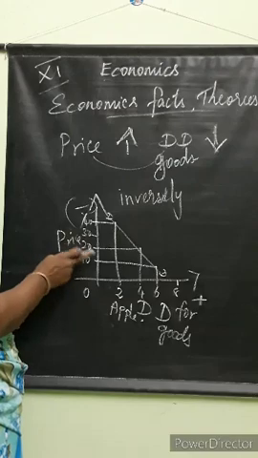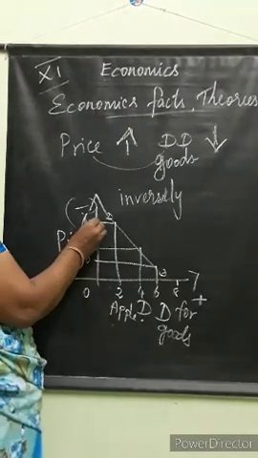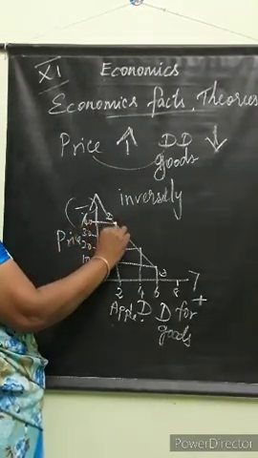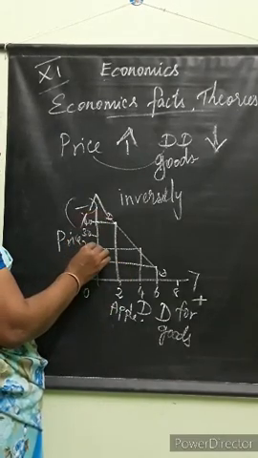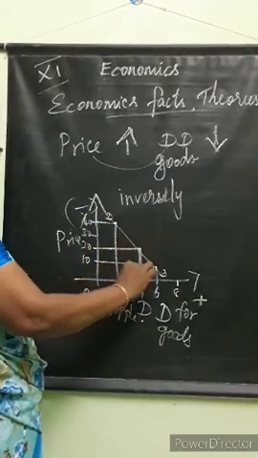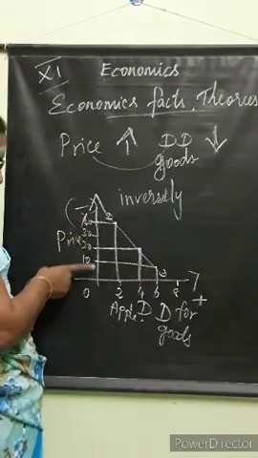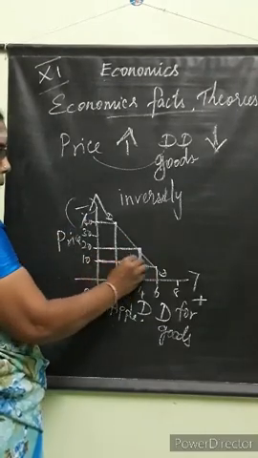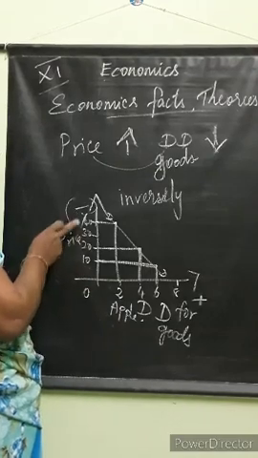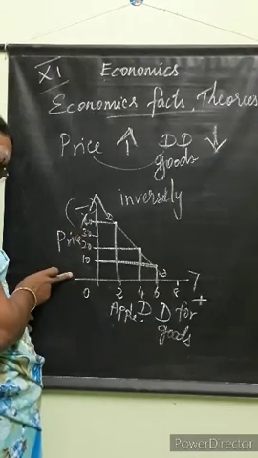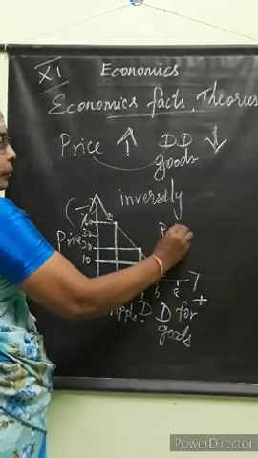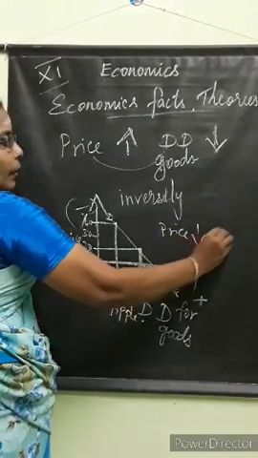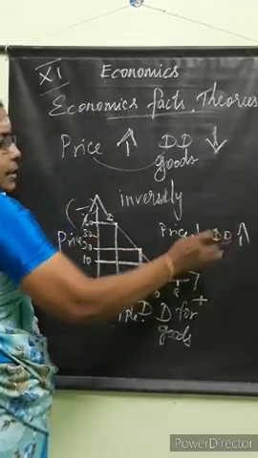There is a negative relationship. Do you understand, girls? At the cost of 40, I am getting only 2 apples. If the price comes down to 20, I am getting 4. Further the price falls, I will buy more. So, if the price falls, the demand increases. Do you understand?